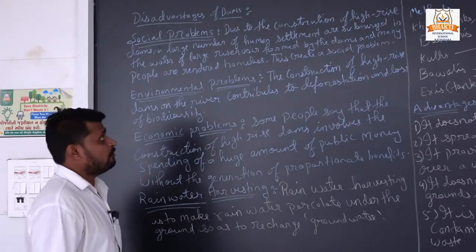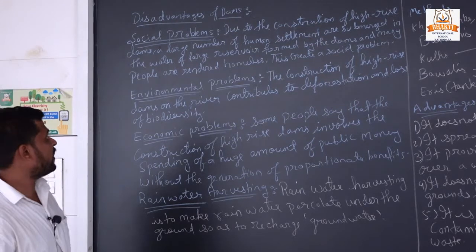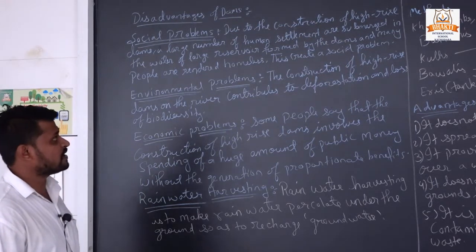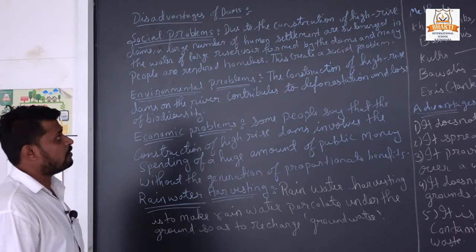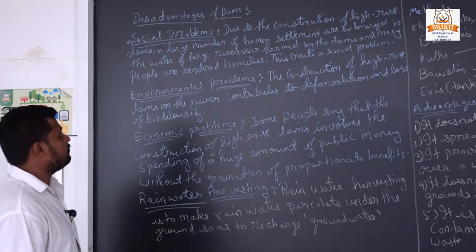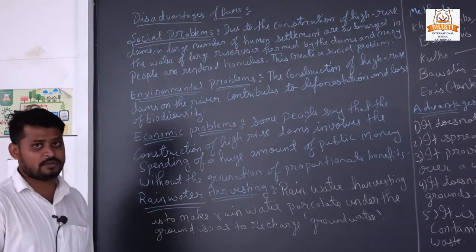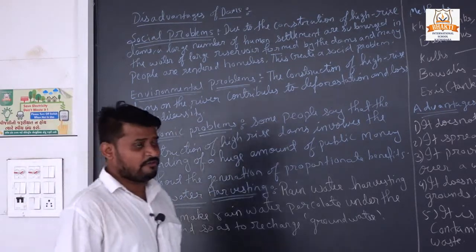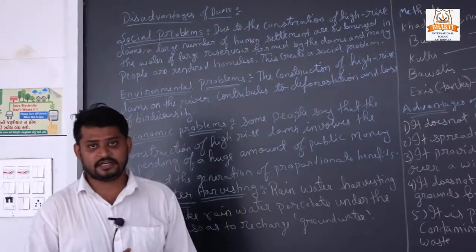social problem. What is a social problem? Due to the construction of high-rise dams, a large number of human settlements are submerged in the water of large reservoirs formed by the dams, and many people are rendered homeless. This creates social problems. When we make a dam, we acquire land, often in coastal areas.